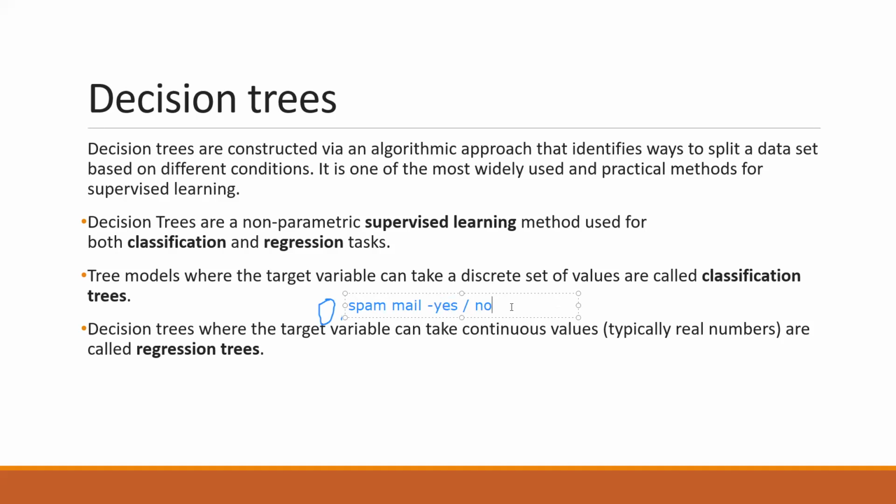Next we have the regression trees. What are regression trees? As the name itself says, regression trees are where the target variable can take continuous values. For example, I want to calculate the salary of a person. It can depend on the base salary plus the leave plus the perk.